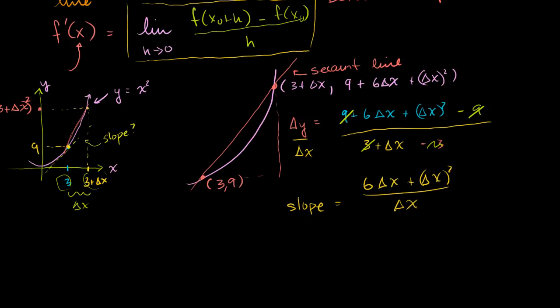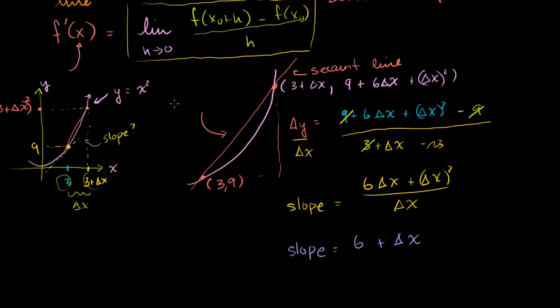So my slope of my secant line, the one that goes through both of these, is going to be equal to, if you divide numerator and denominator by delta x, 6 plus delta x. So that is the slope of the secant line.